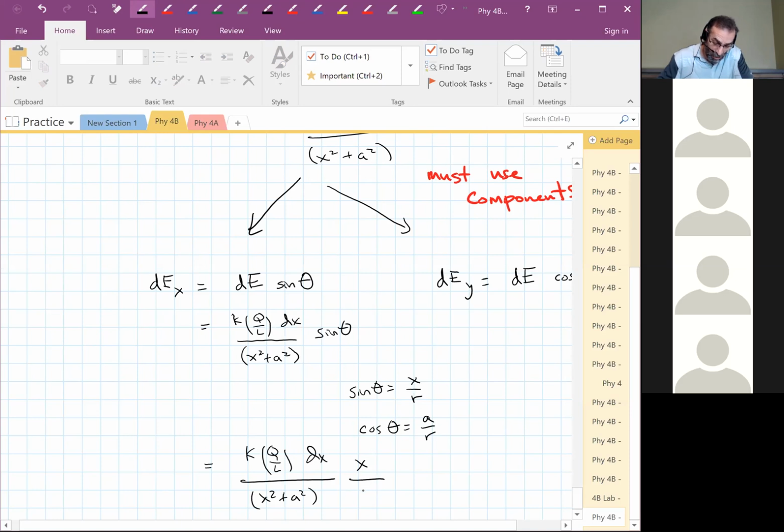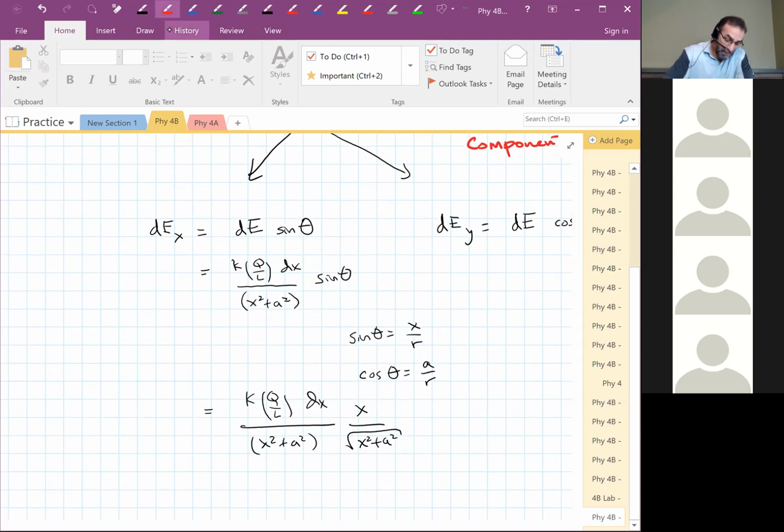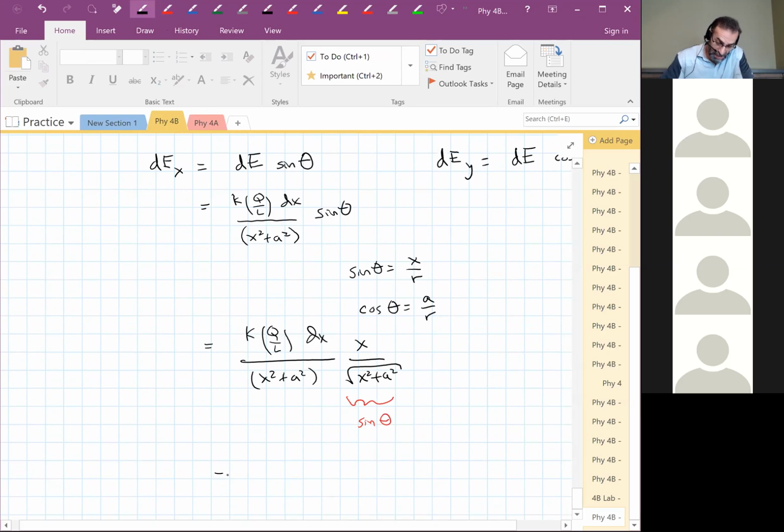An x over r. We can't have an r in our equation, right? That's also a variable, but we know what r is. r is the square root of x squared plus a squared. So this is our sine theta. And we can simplify that a little bit because the denominator is the same.